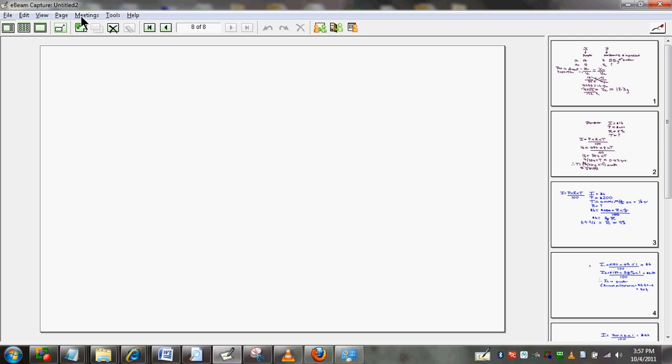You could write down this question. A man invests $10,000 at 10% compound interest for 2 years.